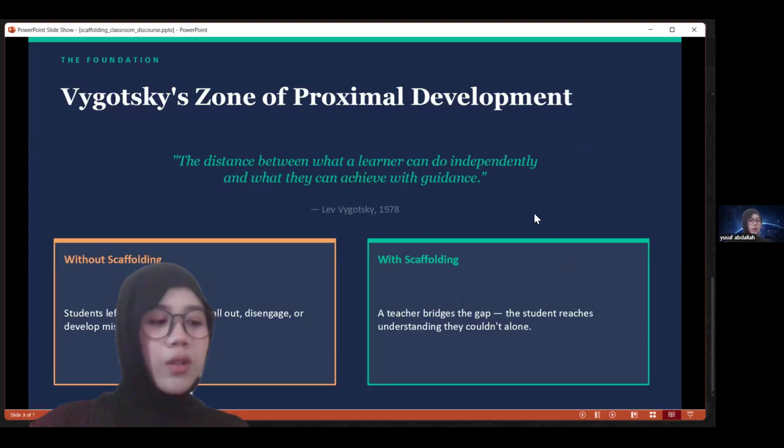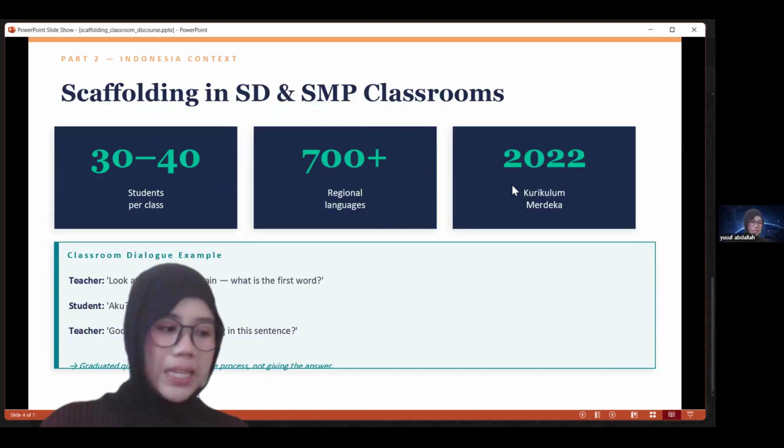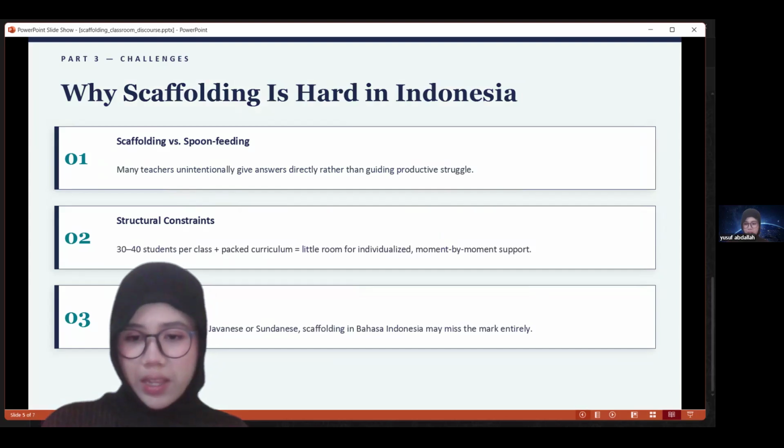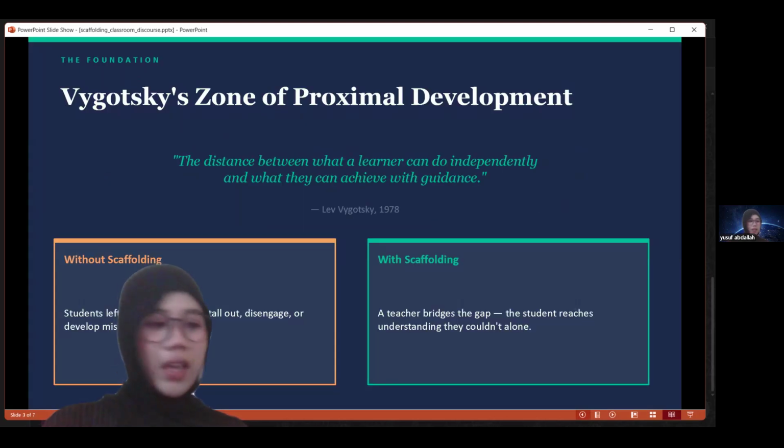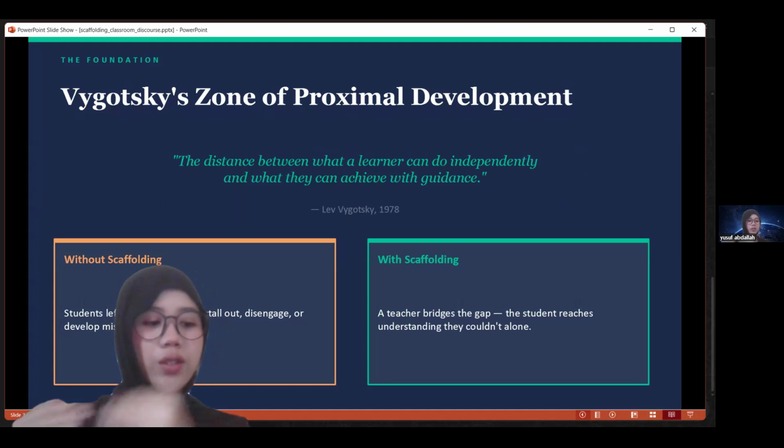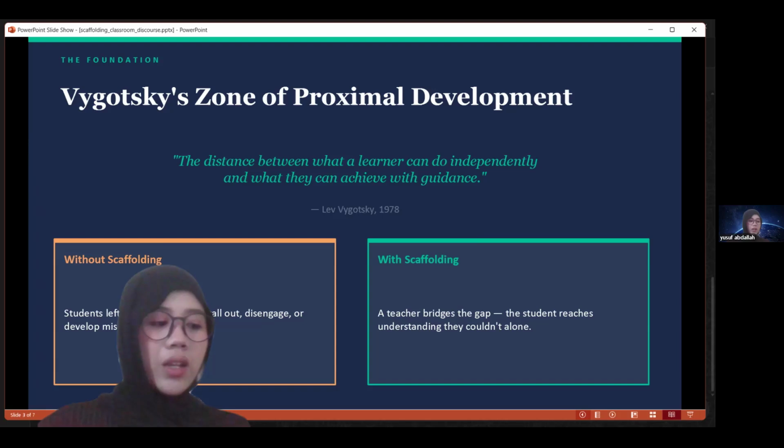Okay, now scaffolding doesn't exist in a vacuum. It's rooted in Vygotsky's concept of the zone of proximal development, or ZPD. He says there's a gap between what a learner can do on their own and what they can achieve with guidance.